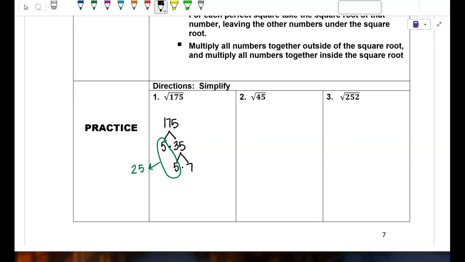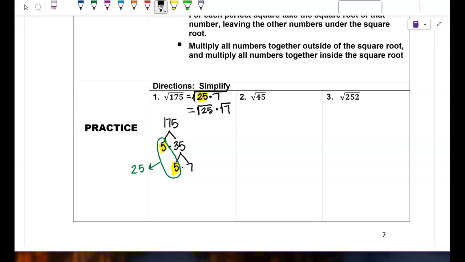So I can say that the square root of 175 is the same thing as saying the square root of 25 times 7. That 25 comes from this 5 times 5. That's where I'm getting that 25 from. So that means it's the square root of 25 times the square root of 7. I can break each factor down into its own square root.